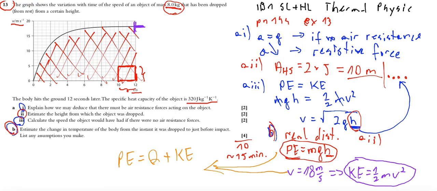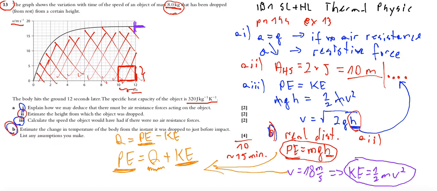The law of conservation of energy says that the potential energy of the object is the sum of the kinetic energy related to the collision with the ground plus the heat which was created when the object falls down. So by using this you can calculate the heat, which is the difference between potential energy and kinetic energy.